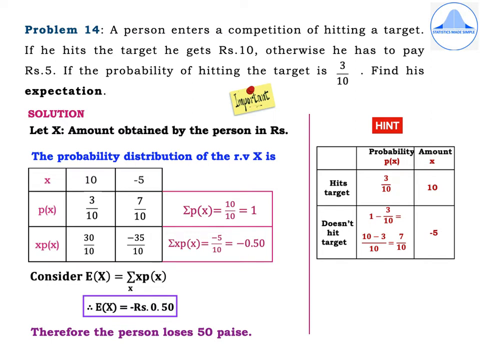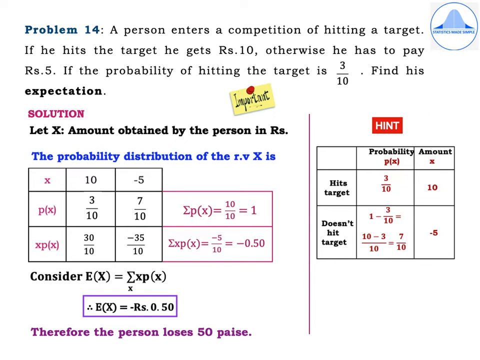I have explained under the hint on the right hand side of the slide. Now the information given is if the person hits the target, he gets rupees 10. Otherwise, he has to pay rupees 5, and they have also given the probability of him hitting the target. So under hint, I have formed a table.